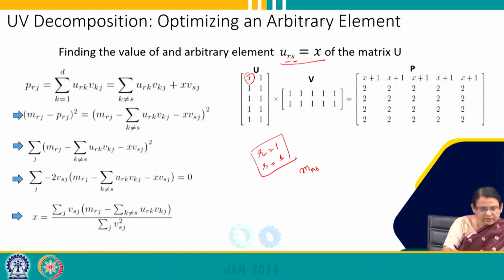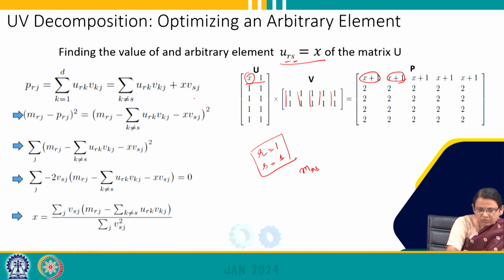Let us do it now. To get these values, what you have to do? This row with this column, this column, this column, you have to multiply to get it. So, that is what is being done here.